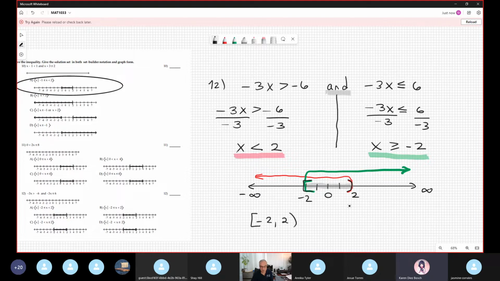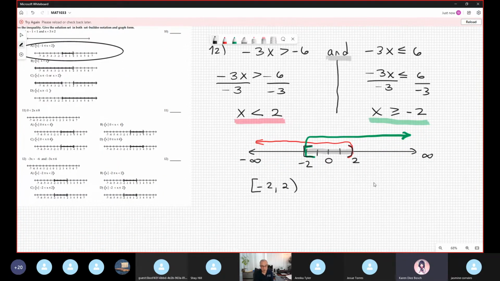However, in this answer, I don't know why, I don't like this answer, in my opinion, but it is the most popular. Okay, no problem. This is equivalent to say, curly bracket, x such that x is in between negative 2 and positive 2.